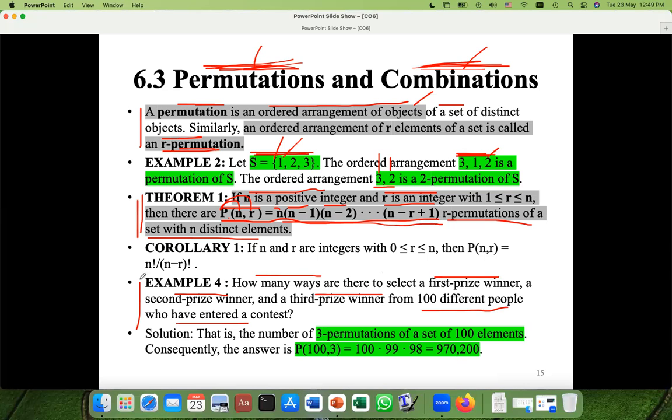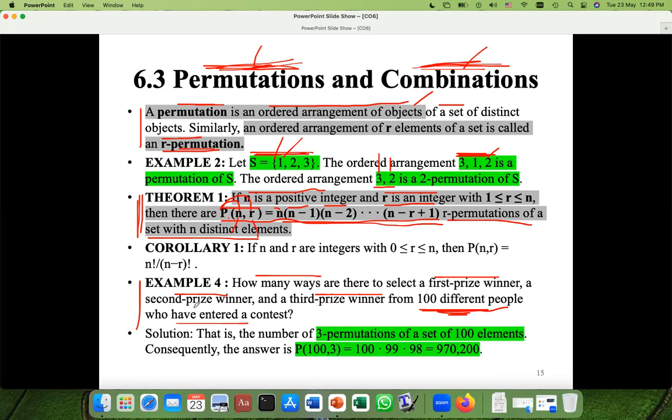So if you want to solve this example using this Theorem 1, then you need what? We need n and r. What is n? n is the total number of objects. Here 100 different people is the total number. This is for n, it is easy to identify. And what type of permutations do you want?